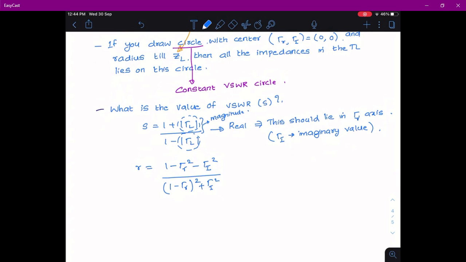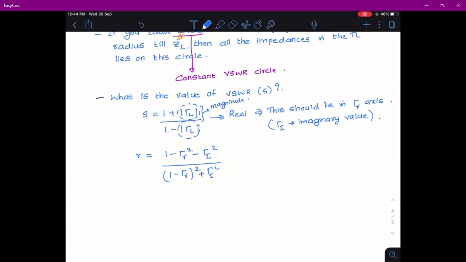Now we know that for VSWR, tau I is equal to 0.